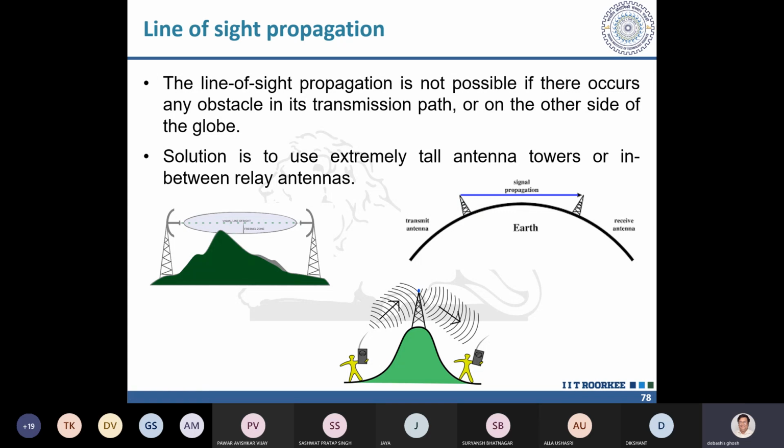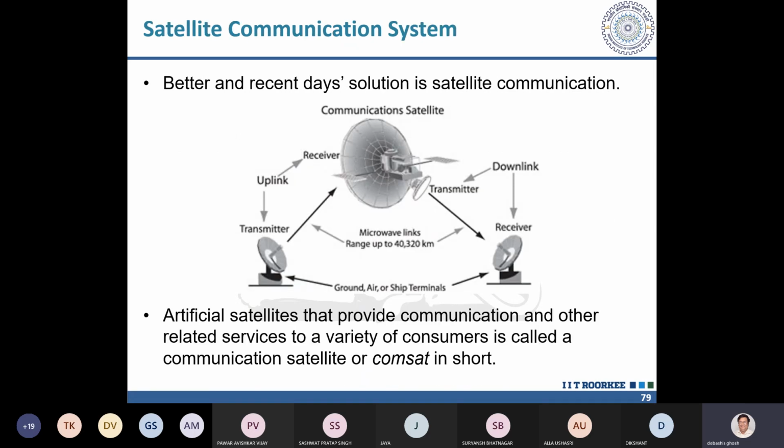A better solution, which we use nowadays, is satellite communication. I have a satellite in the geostationary orbit. We have many satellites; in India, we have INSAT placed in the geostationary orbit.